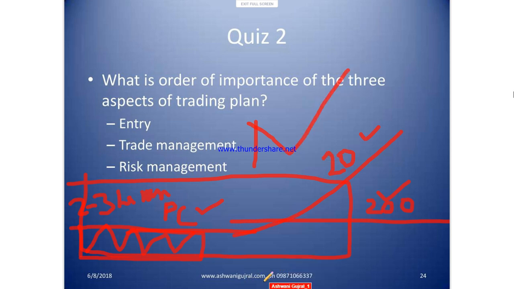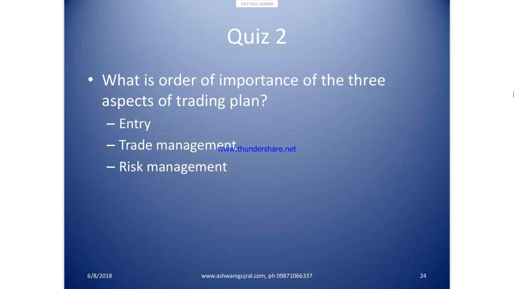Below this, sell on rally. See, that has to be part of your trading plan.